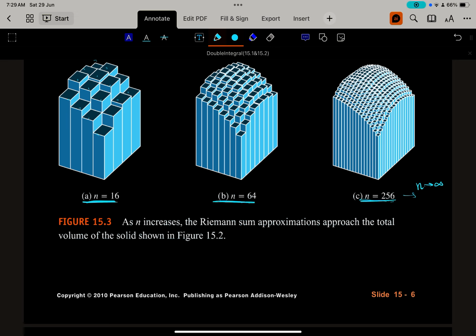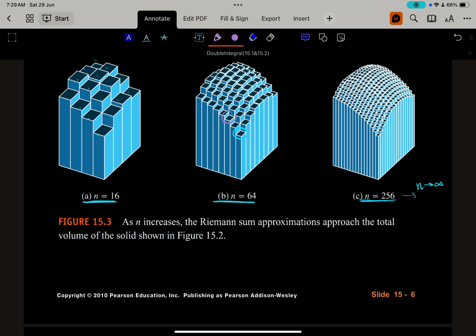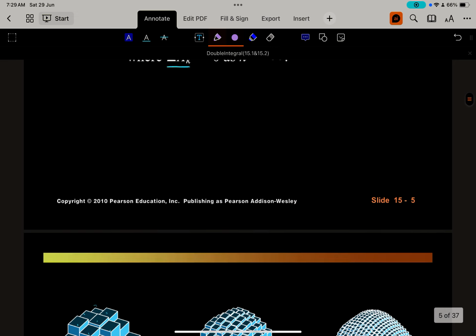If you notice, as the number of boxes increases, the area of each individual box decreases. As you can see, the area of the individual boxes decreases. So for n equals 16, it was bigger, then it becomes smaller, and then even smaller. And that's exactly what we have here.